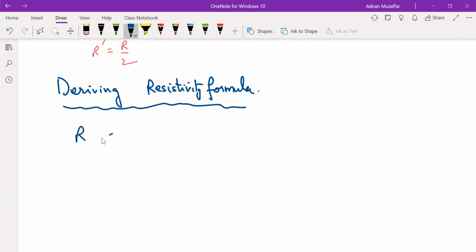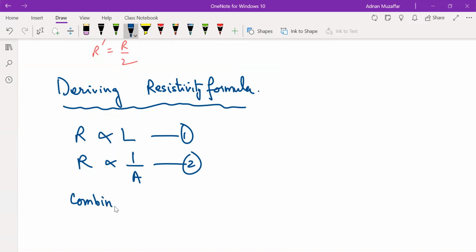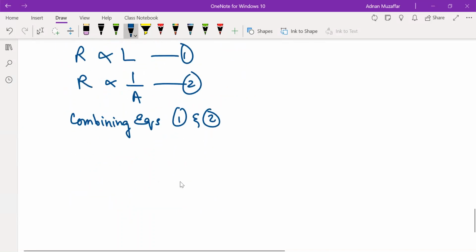We know that R is directly proportional to length. R is inversely proportional to cross-section area. So combining equations 1 and 2, it can be written like this: R is proportional to length over area.